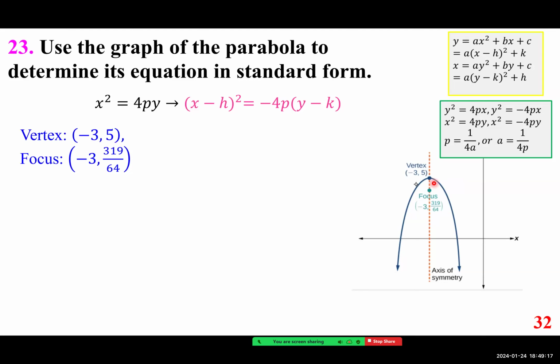So this distance is the value of p. How do you find this distance? Because they have the same x coordinates, 5 minus 319 over 64. And when you take a common denominator, you simply get 1 over 64.